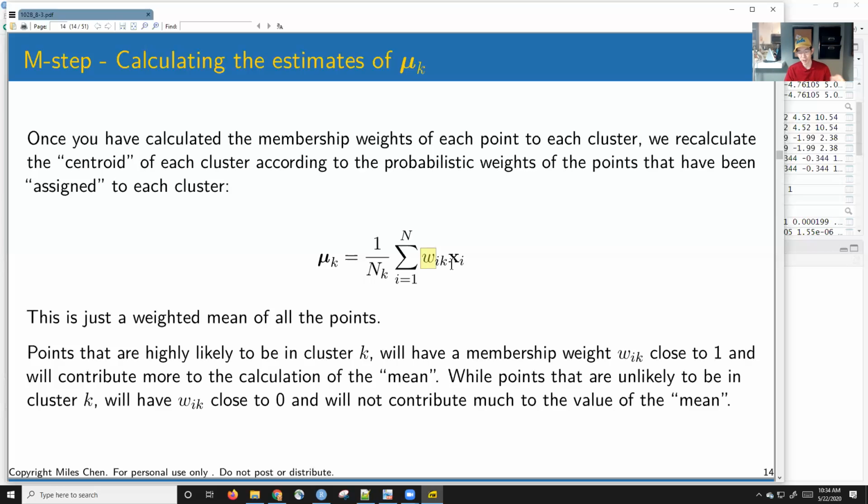Either the point contributed to the mean or it didn't. Here we're allowing the weights not to just be 0 or 1, but to be a value between 0 and 1. It's now a scale that says this will contribute more or less, not just whether it does or does not. This is pretty much the same formula, but weighted. So that's going to give us the centroid.